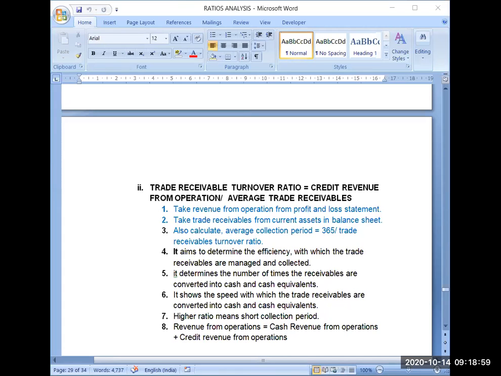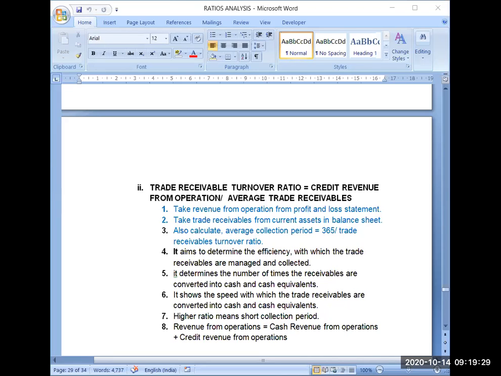Also calculate average collection period. Whenever you are preparing a project file, you are supposed to calculate average collection period also. Average collection period is the same as average inventory holding period. If you divide the total number of days in a year by trade receivable turnover ratio, you will get your average collection period.